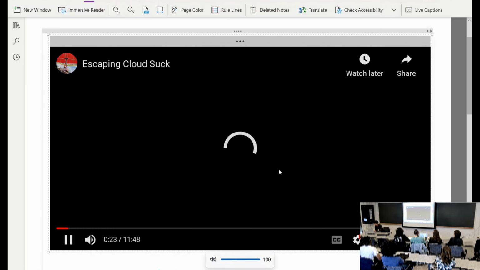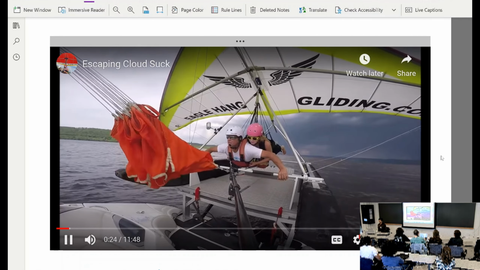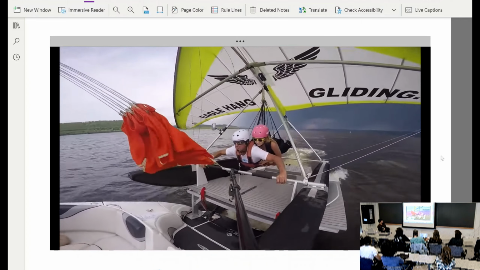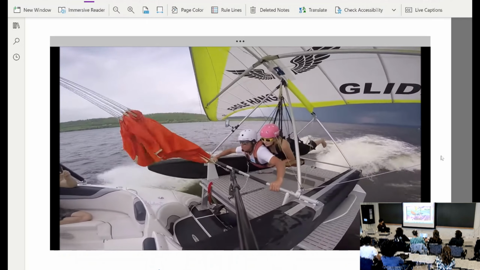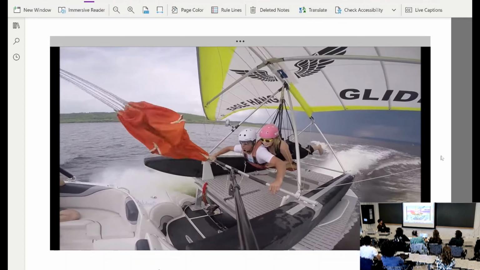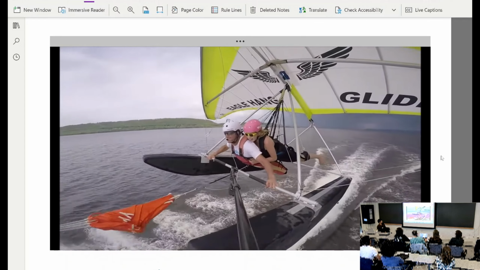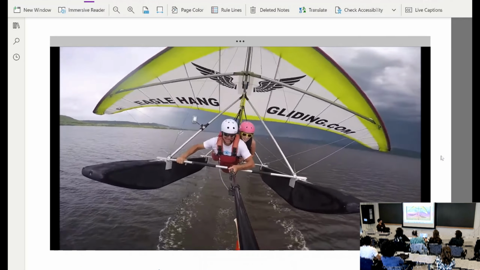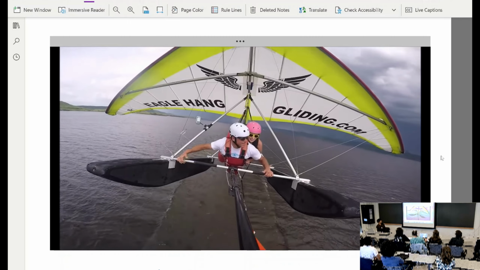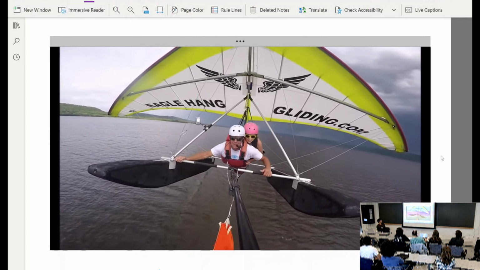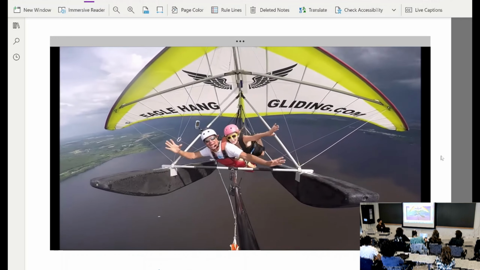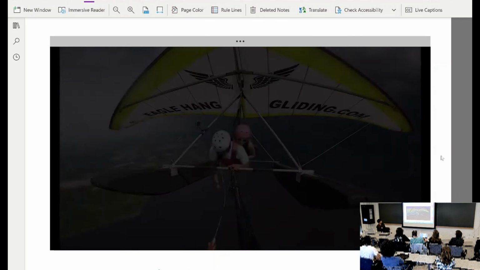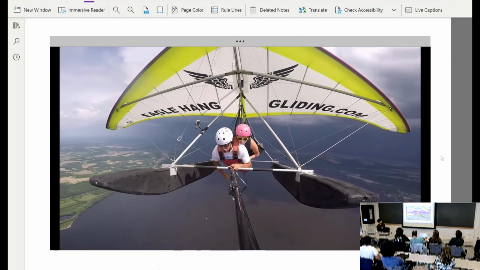What's happening? Okay. So this is the launch of the hang glider. It's on a boat. The boat speeds up and yeah, the glider comes up, goes higher.